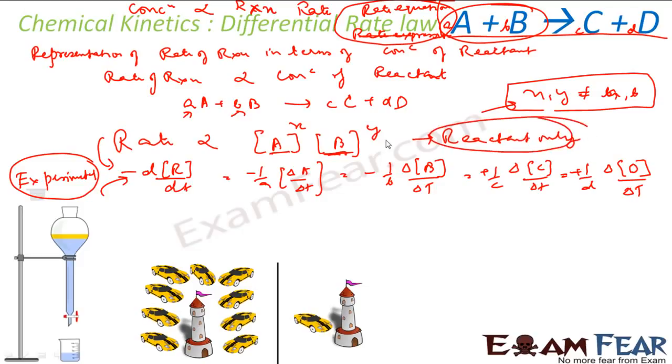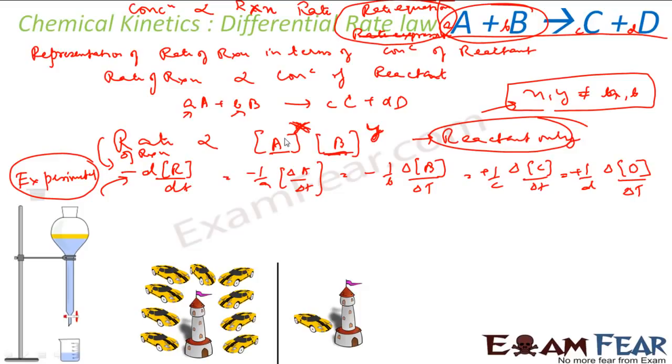So rate law is nothing but we represent the rate of reaction in terms of concentration of reactants. And experimentally it is seen that rate is directly proportional to concentration of A and B, that is my reactant, but the power is not the stoichiometric coefficient, it is some values x and y, and that is experimentally found.